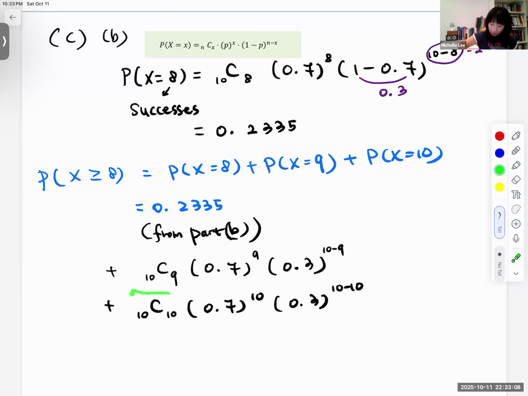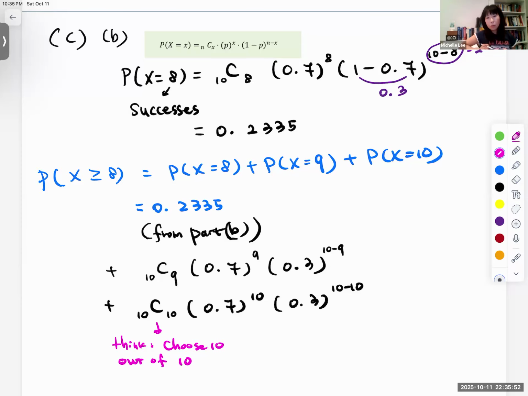So we have a combination: choose 10 out of the same 10 trials. Then we get 1. This basically means, think: choose 10 out of 10.